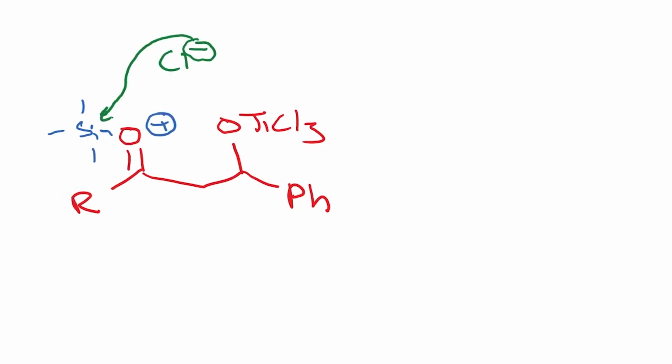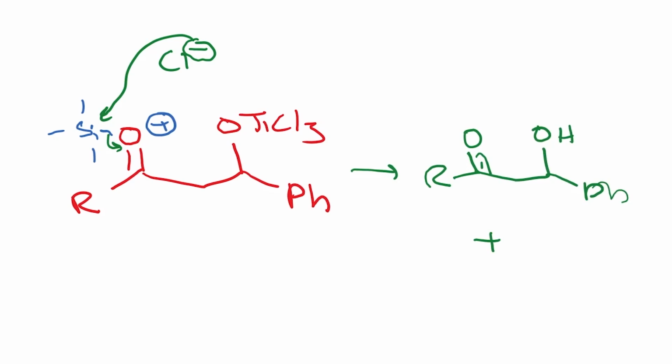So chloride can come and attack the silyl group and free up the carbonyl group here. And so the product that you would get is R C double bond O, O, Ph plus SiMe3Cl.